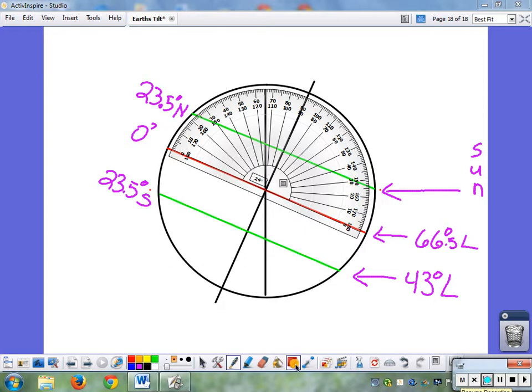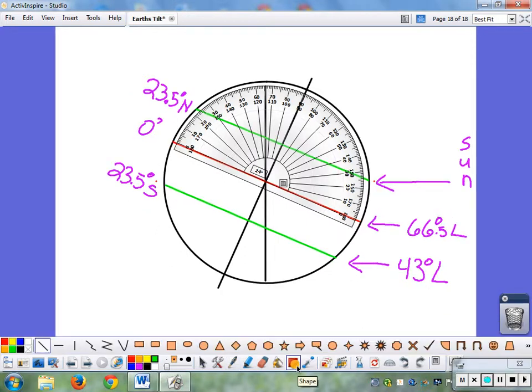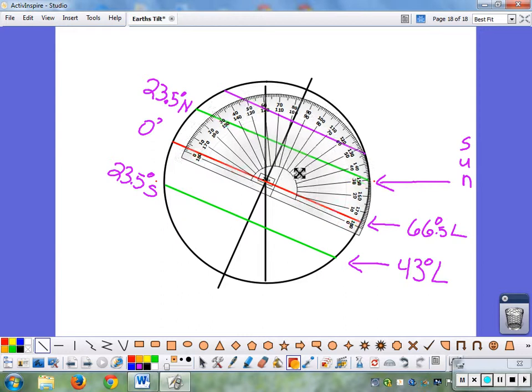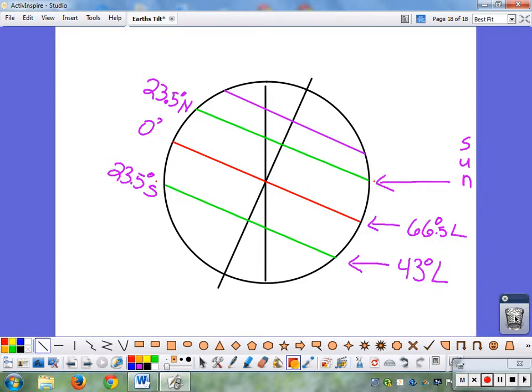If we put our protractor on here and we put in the line for Connecticut at roughly 42 degrees north, which would be right about there. I know it's a little bit slanted, but go with me for now, please. Then that puts us a little bit above that direct ray.